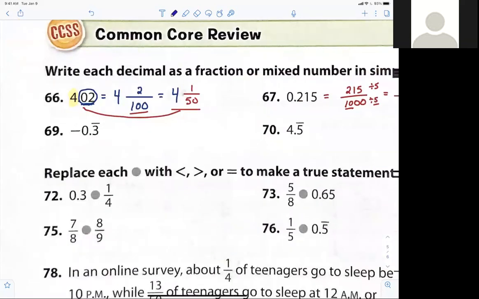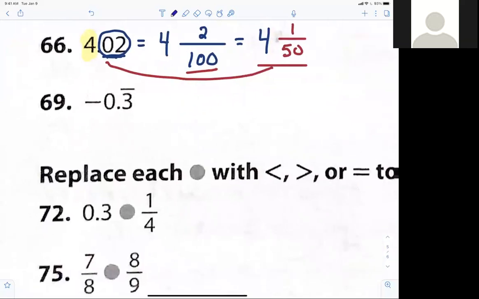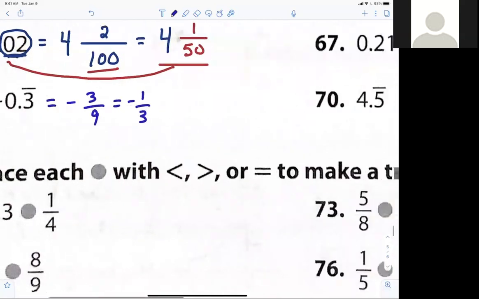Everyone knows this one now. Miss Elliott? It's 3 over 9, yes, and then we can convert it to -1/3. All right, Aiden, I skipped you again. I'm sorry. You get to do 70.